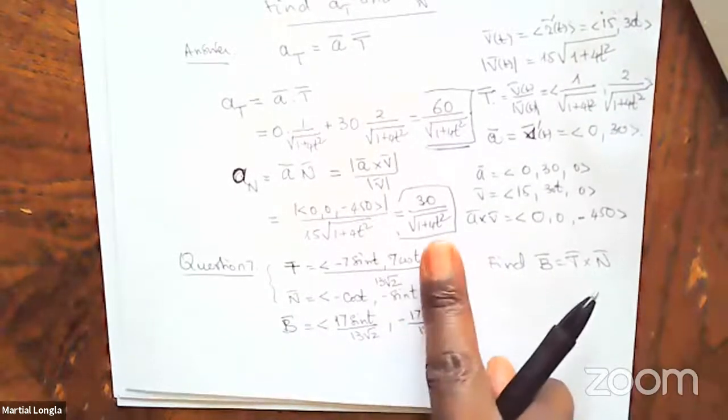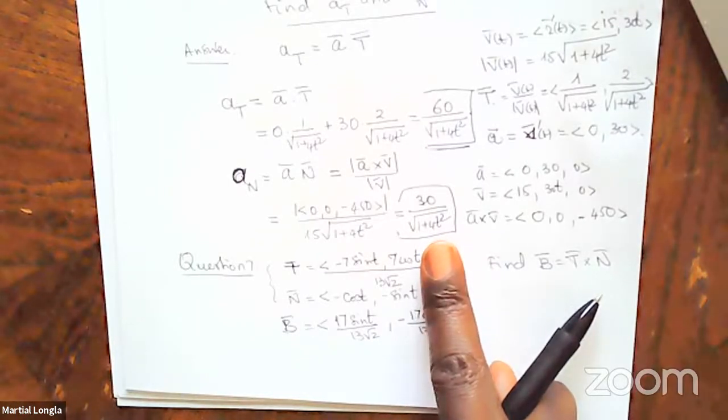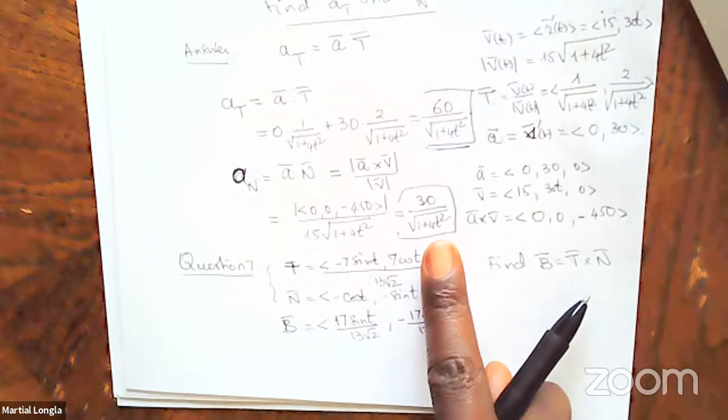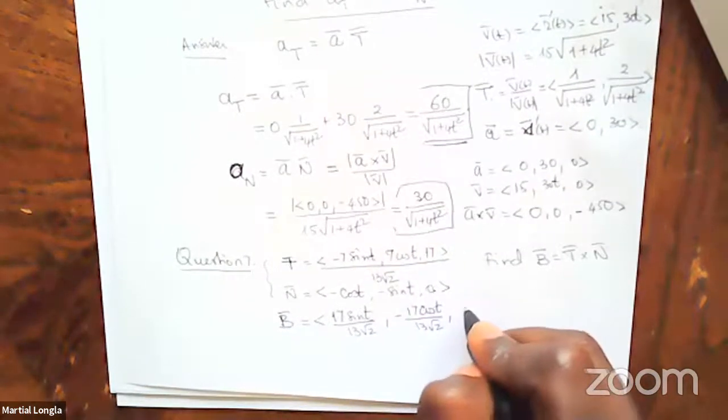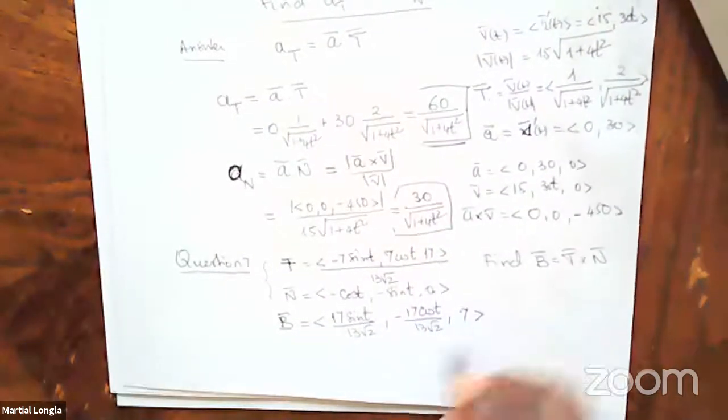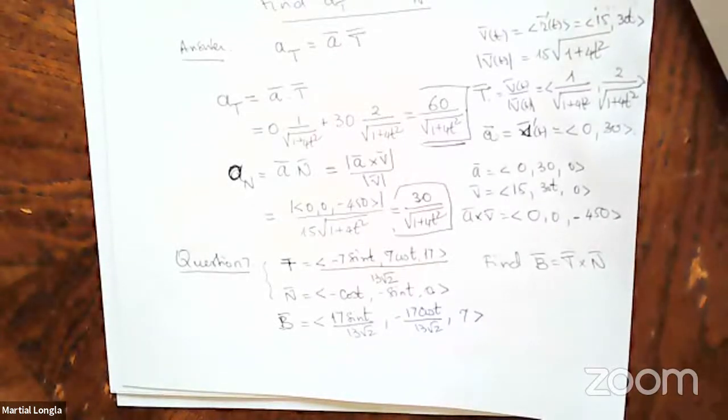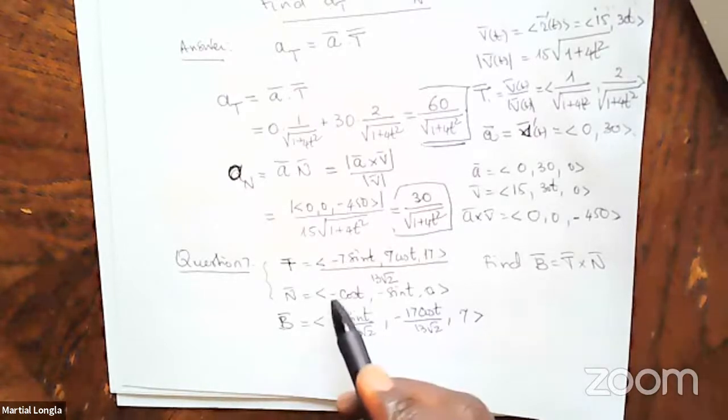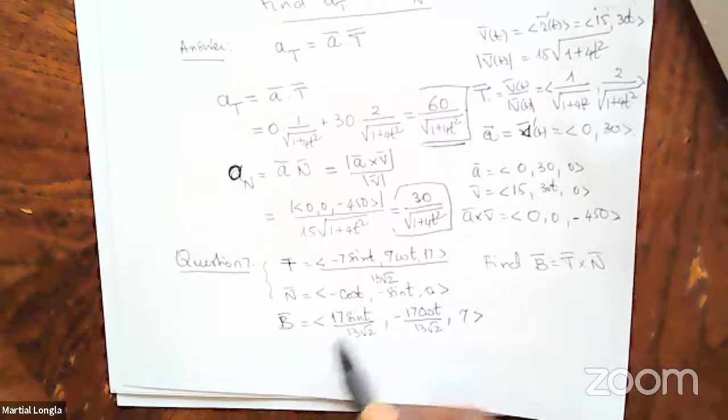And then the last one gives you 7 sine squared plus 7 cosine squared, that's 7. Then you can make sure that if you do the dot product of this and that, you get 0.